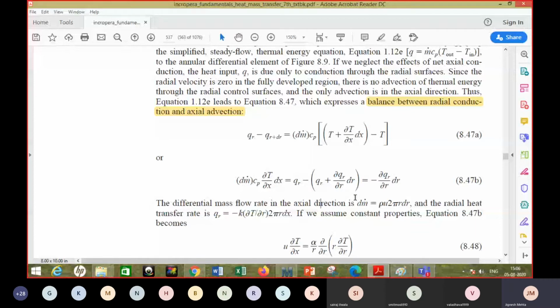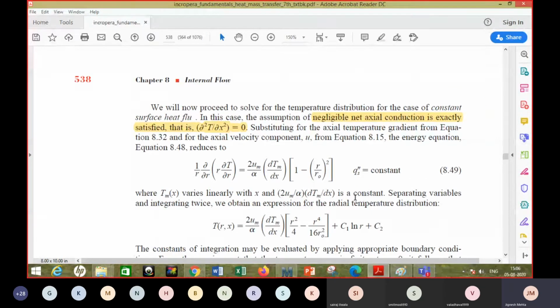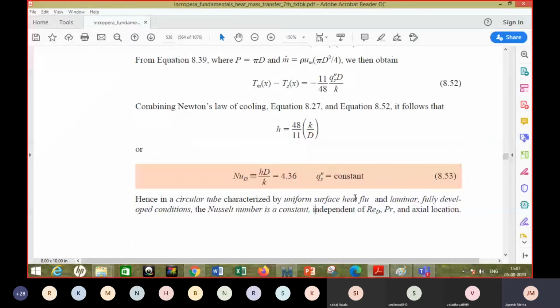Now, if you do the analysis with the required simplifying assumptions, one is able to show that, we already know that h has to be constant because it becomes constant when the flow becomes thermally fully developed, right? So with simplifying assumptions, and for the condition qs double prime is constant, that is constant heat flux, you are able to show that the value of Nusselt number is equal to 4.36, right?